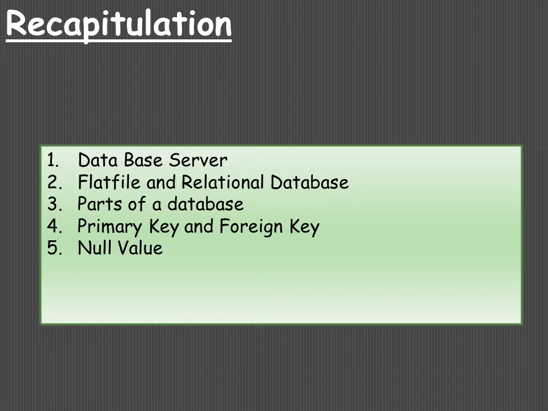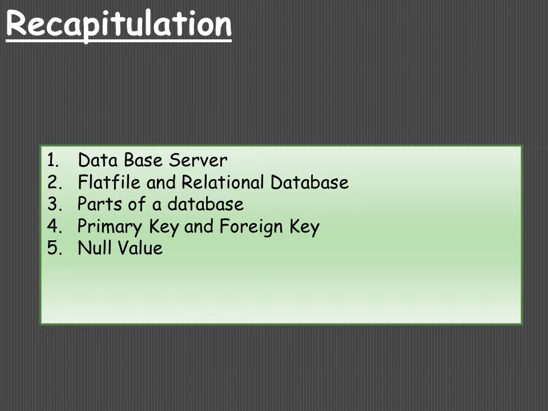Afterwards, we discussed primary key and foreign key. A primary key is used to uniquely identify the record, and it is mandatory to have a primary key, and it can have only one primary key in your table.